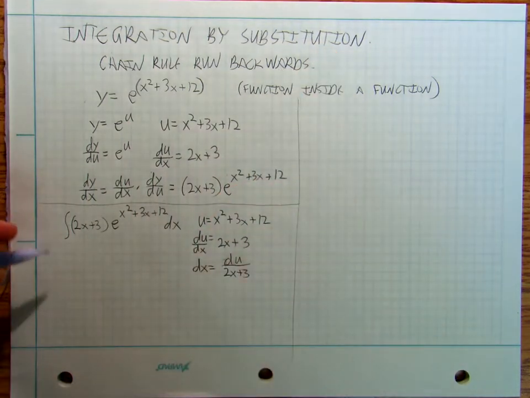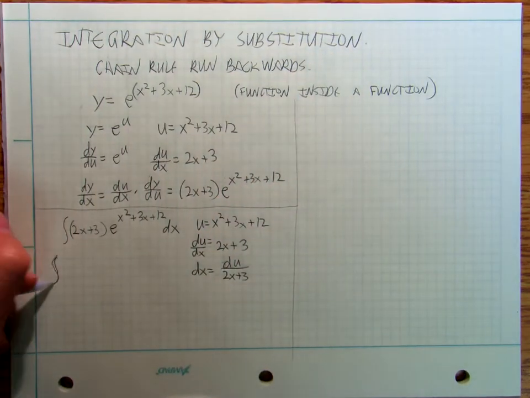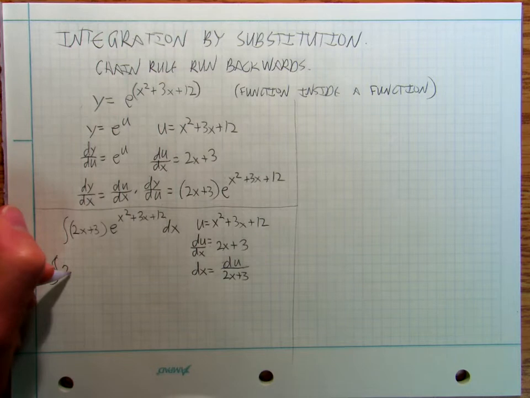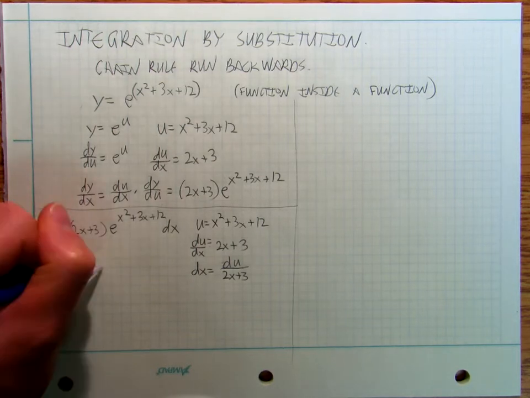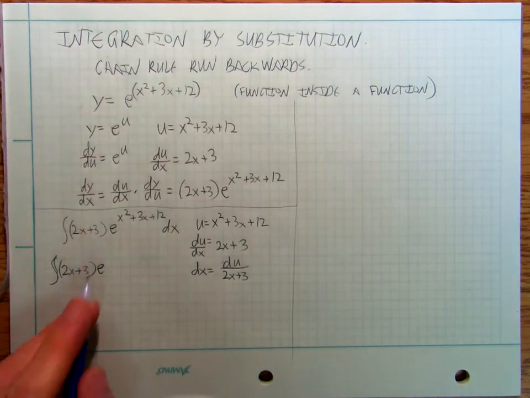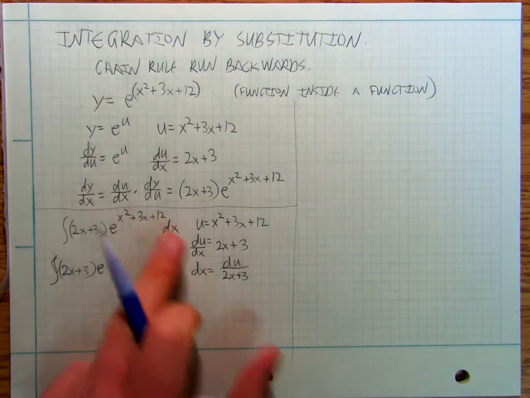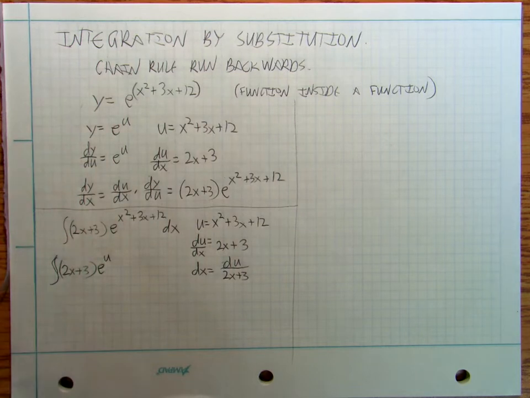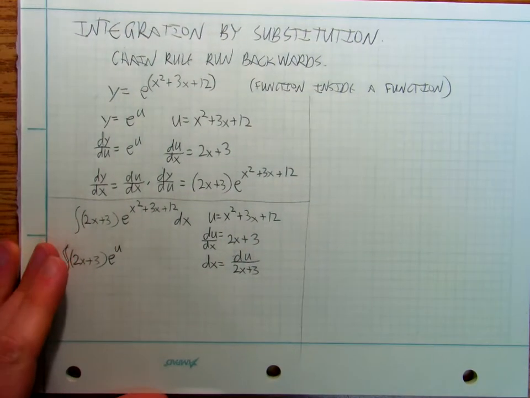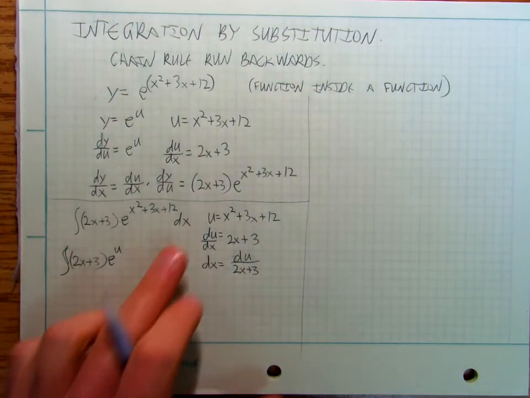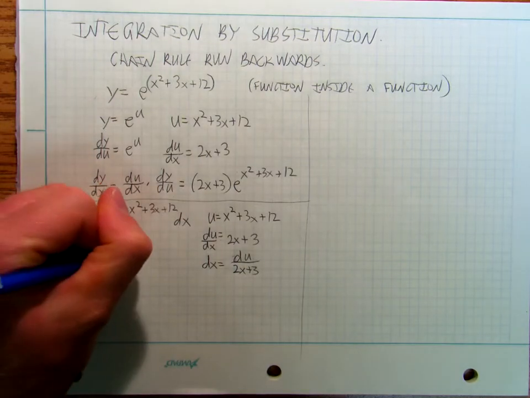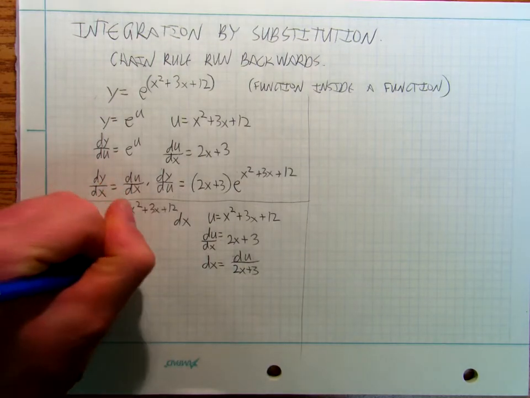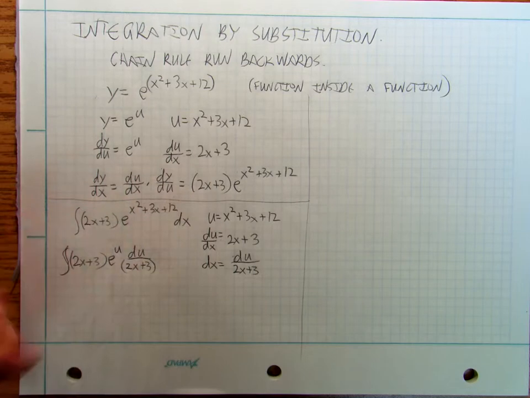So now I'm going to substitute. I'm going to leave this 2x plus 3 out here. Then here, instead of writing e to the x squared plus 3x plus 12, I've replaced that with u. So I'm going to put e to the u. And then dx is going to be replaced by du over 2x plus 3. And now you see what happens.